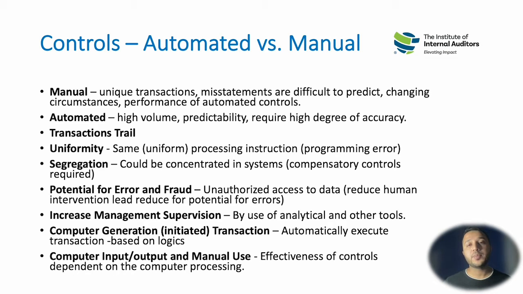A transaction trail is something we can have very easily in the automated system. Let's take an example of a payment. The procurement officer made the final payment, or the finance section made the final payment.